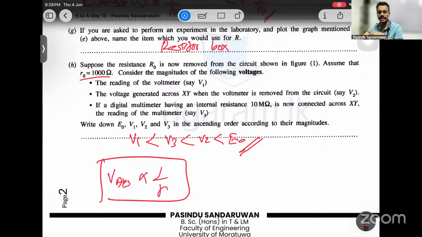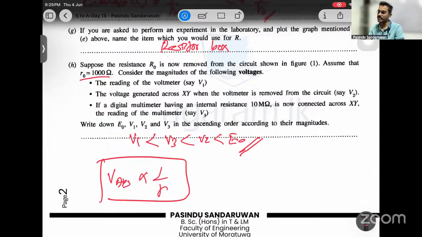Absorption by a voltmeter is the error it makes. Then in the 10 mega ohm case, higher resistance means lesser absorption, which means less error. Less error means it's reading much closer to the actual value.